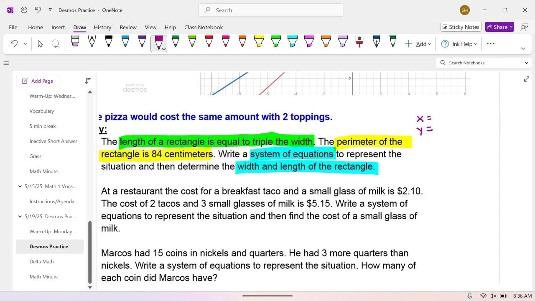Range is one. Not quite what I'm looking for, though. Output, that's what I'm looking for. So Y also means output, meaning it's what we're getting out of our equation. So if we're talking about the perimeter of a rectangle given its length and width, what do you think the output would be?